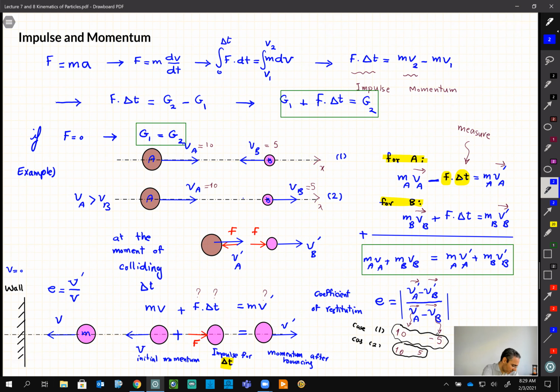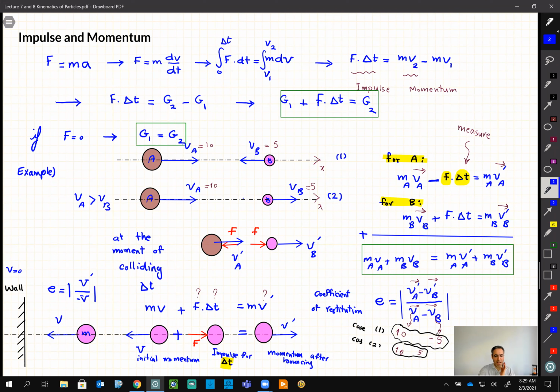But to be exact, if we want to write it correctly, we should write it down like this. E is equal to the absolute value of V prime minus V. Because V prime is to the right and V is to the left, negative.